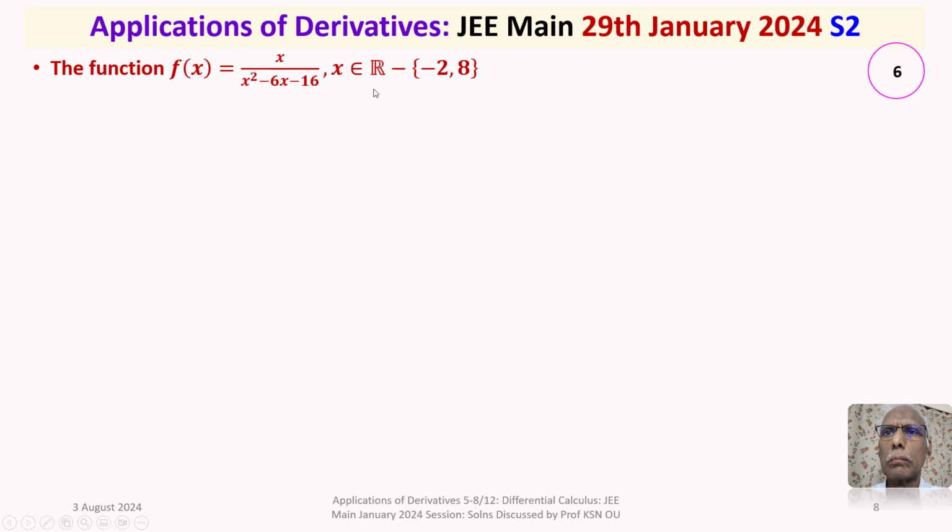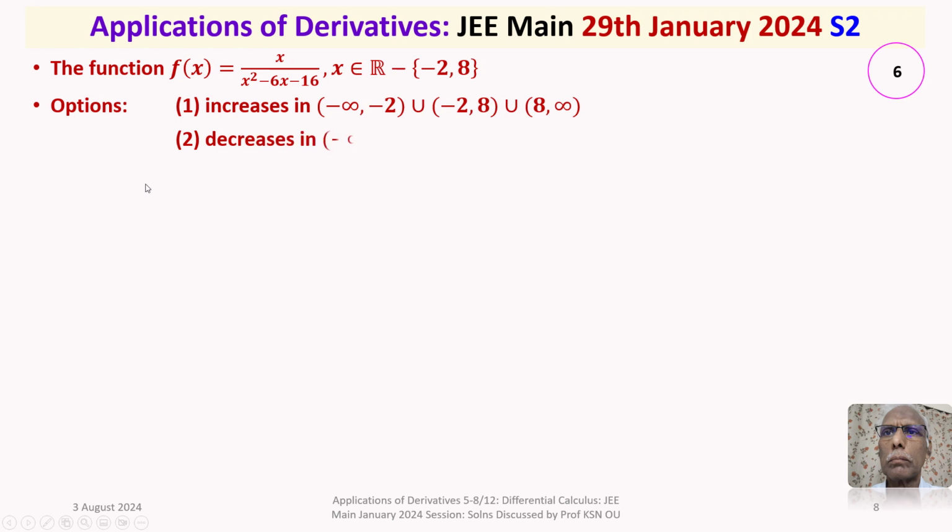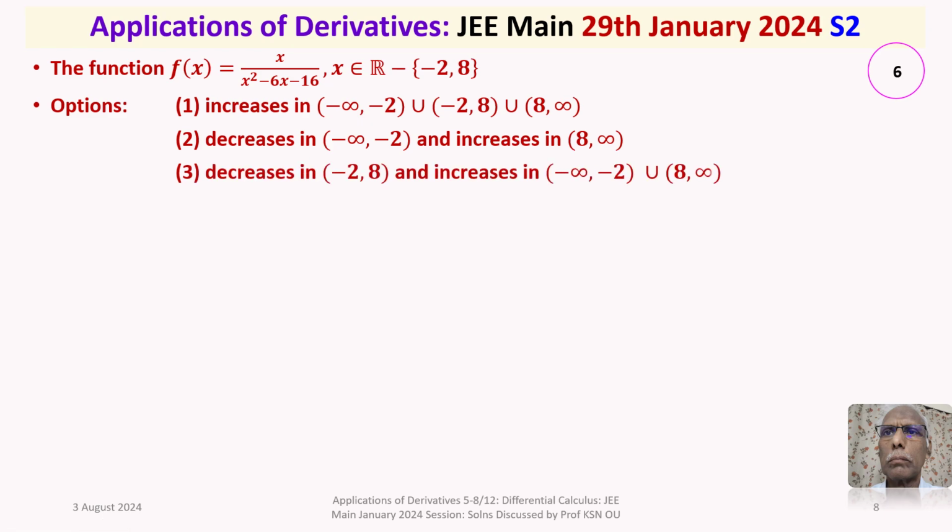That is, x belongs to the set of all real numbers except x equal to minus 2 and x equal to 8. We are given 4 options. These 4 options will tell you where this function f of x increases, where it decreases, and so on. That means you have to discuss the increasing and decreasing nature of this function.